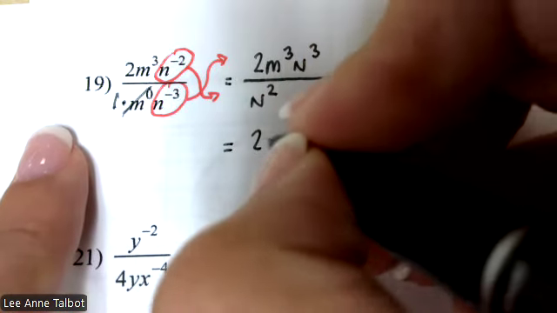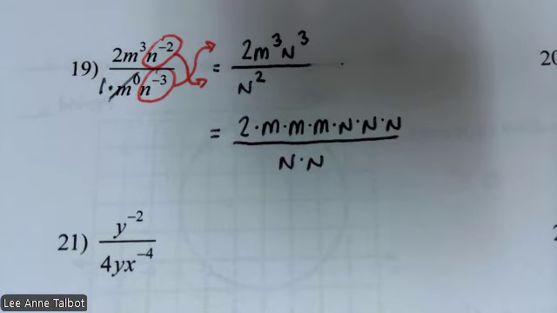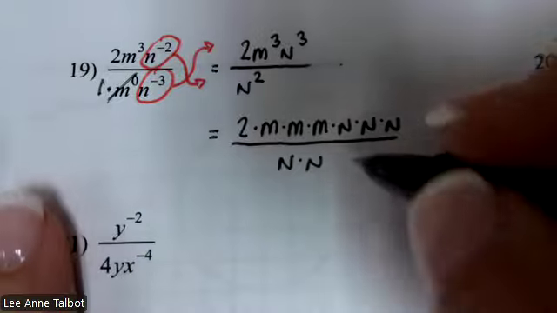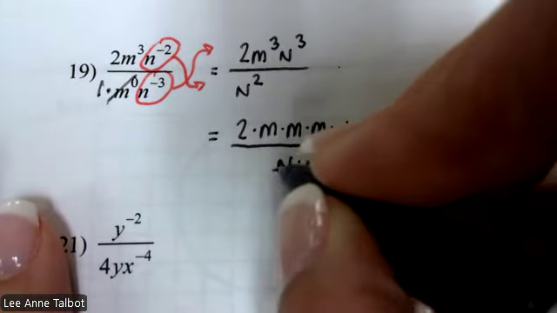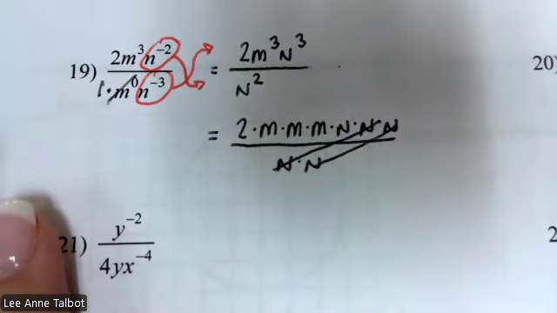Okay, now it's a fraction, so I'm going to do expanded form. Do you have to do expanded form? Not necessarily. I just feel like it's really helpful at first. Giant 1, giant 1.